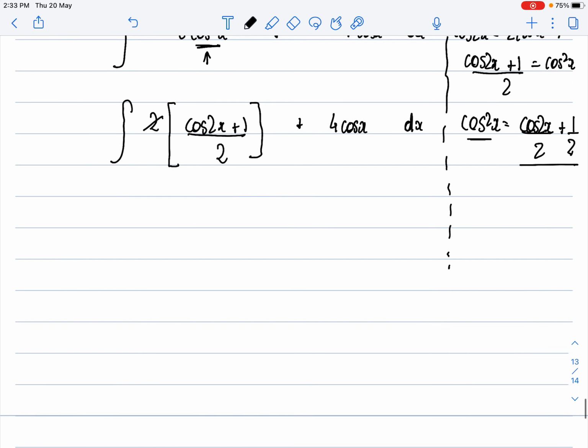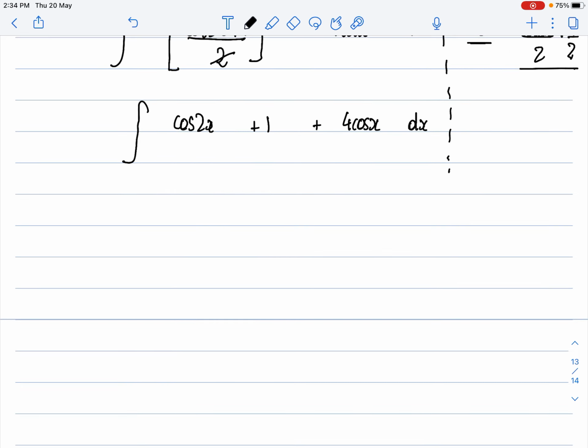So I can simply cut 2 and 2 here to get the integration of cos 2x plus 1 plus 4 cos x dx. So now I can write this as the integration of cos, which I know is sine 2x as it is, but this should be divided by 2, which is the coefficient of x, correct?